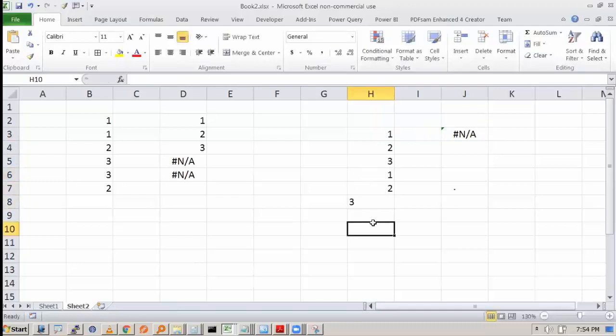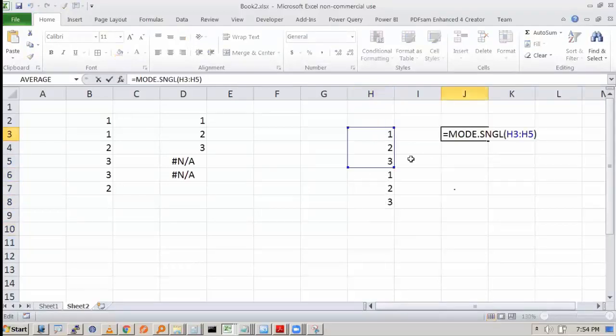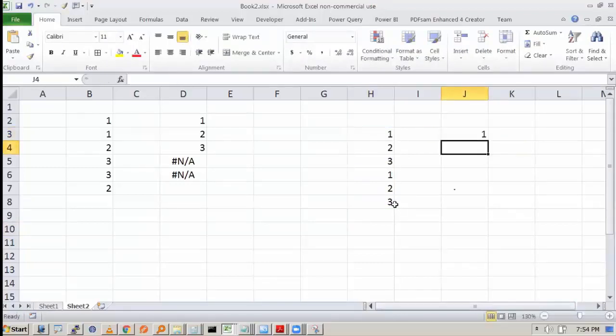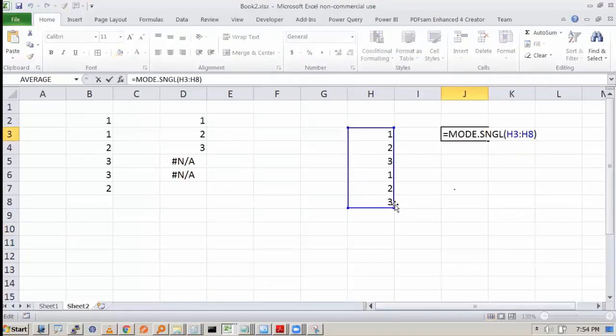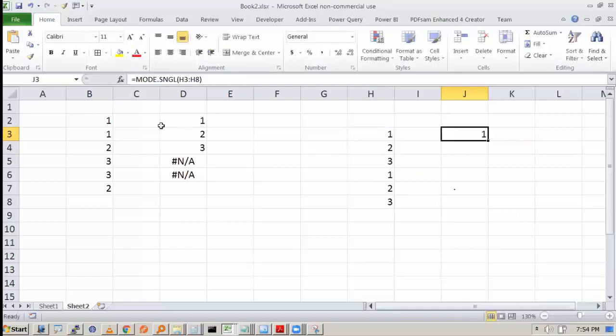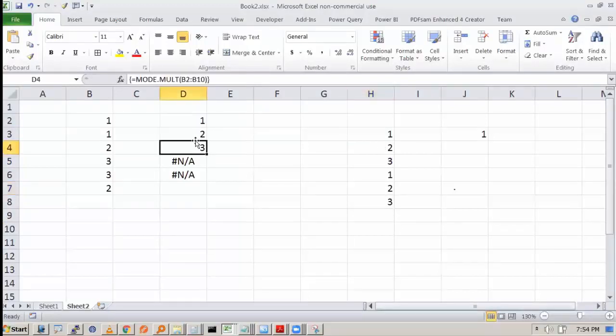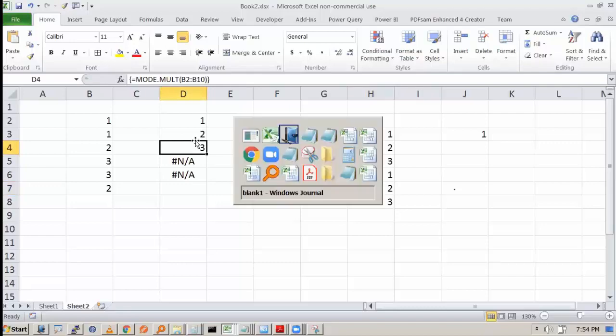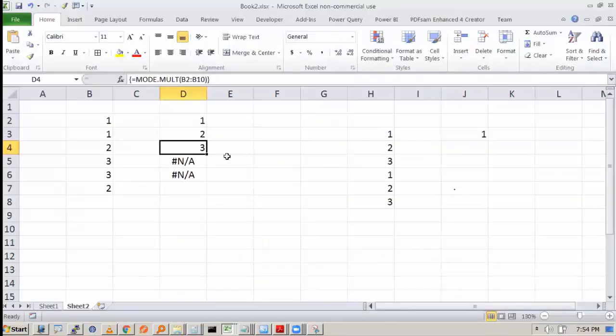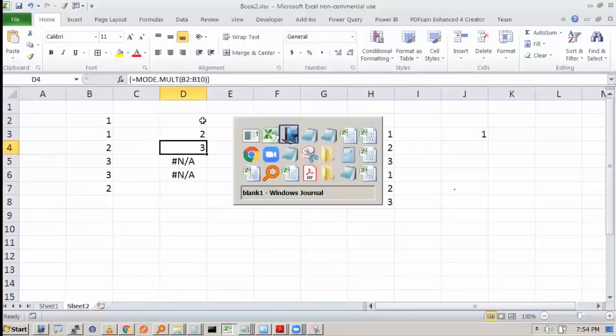If I add this and compute the single mode, Excel gives you 1 randomly, and if you use the multiple mode, it gives you all. But in statistics, if all have the same frequency, there is no mode. So this is one of the drawbacks of mode calculation in Excel: if all of them have the same frequency, it will still give you all 3 as the mode.